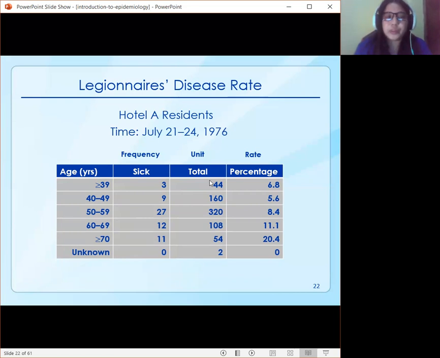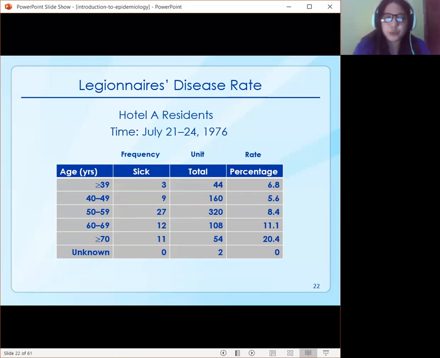However, if we consider the total, we can also see that most of the attendees belong to the 50 to 59 group. The total is 320 attendees with age 50 to 59.